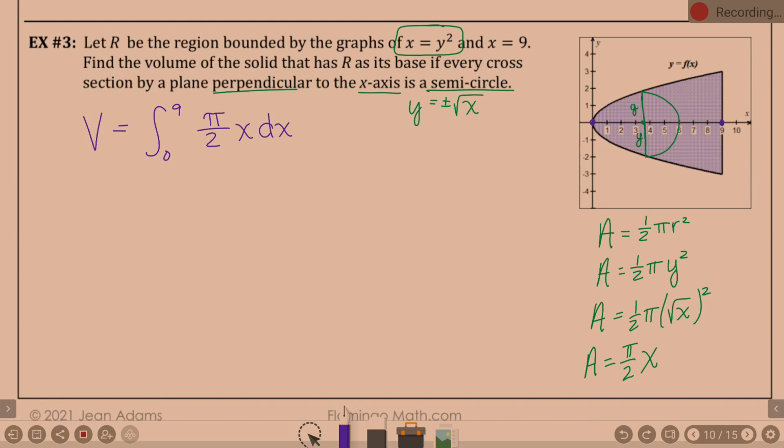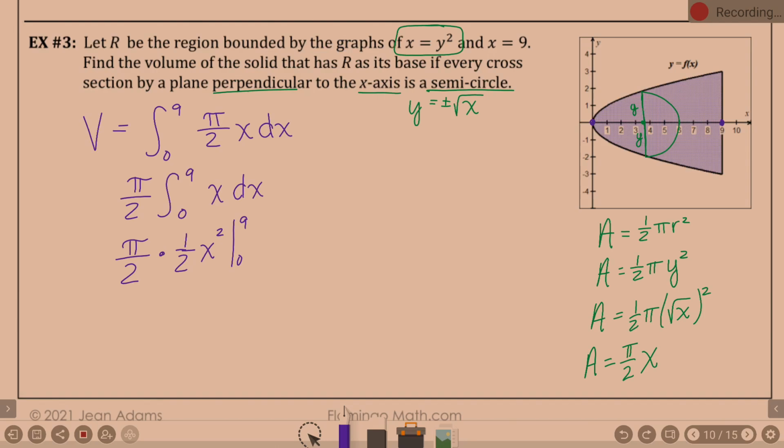Now, officially, if you want to, that pi over 2 can come out front, yes? Pi over 2 times the integral from 0 to 9 of x dx. What's the integral of x? 1/2 x squared. 1/2 x squared evaluated from 0 to 9. Me personally, I'm going to take that pi over 2 and that 1/2, multiply them together and leave them out front, because do I need to plug into those?